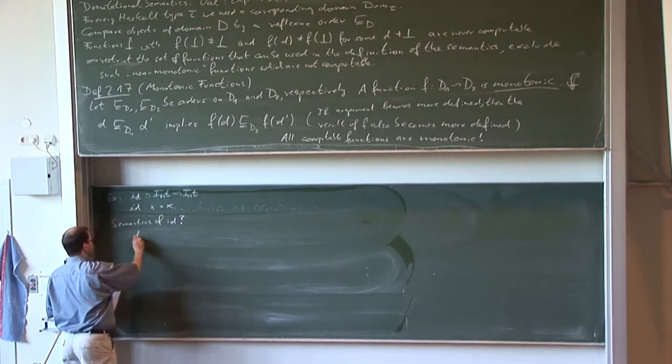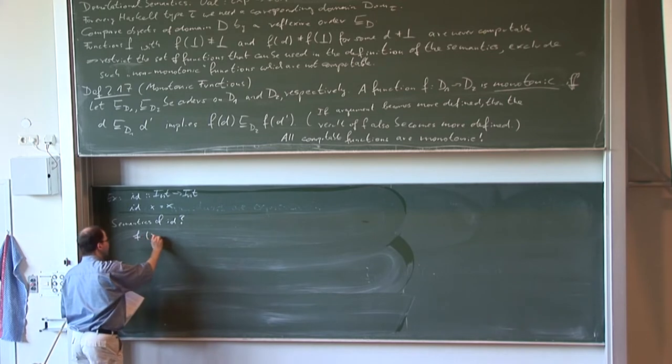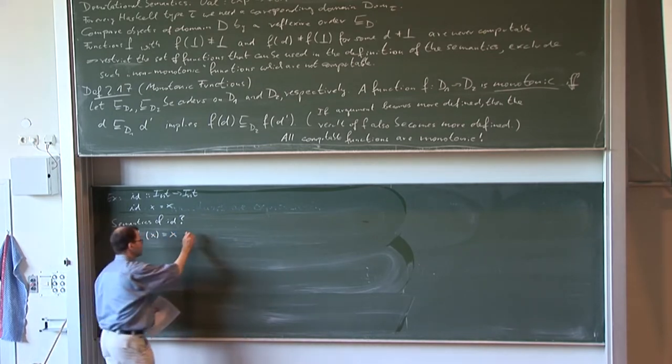Now, it should be a function f. And now on integers, it's rather clear what it should do. It should give us x for all integers x.